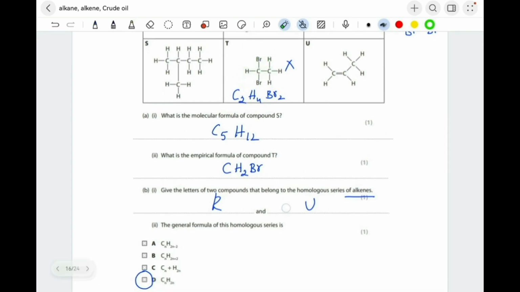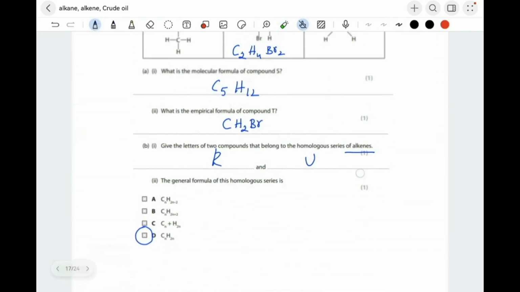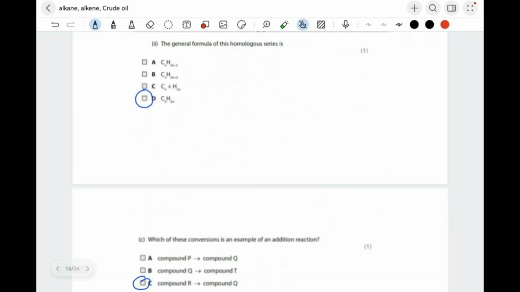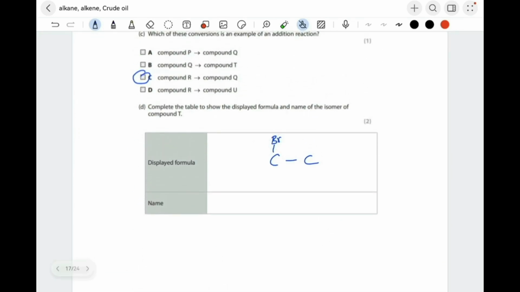We have 2 carbon and bromine atoms. Okay. So draw 2 carbon. In the question, bromine is attached to the same carbon. Here for the isomer, we are changing the position to the adjacent carbon. Br, H, H, H. And the name of this compound is 1,2-dibromo. We have two bromine. Dibromoethane.